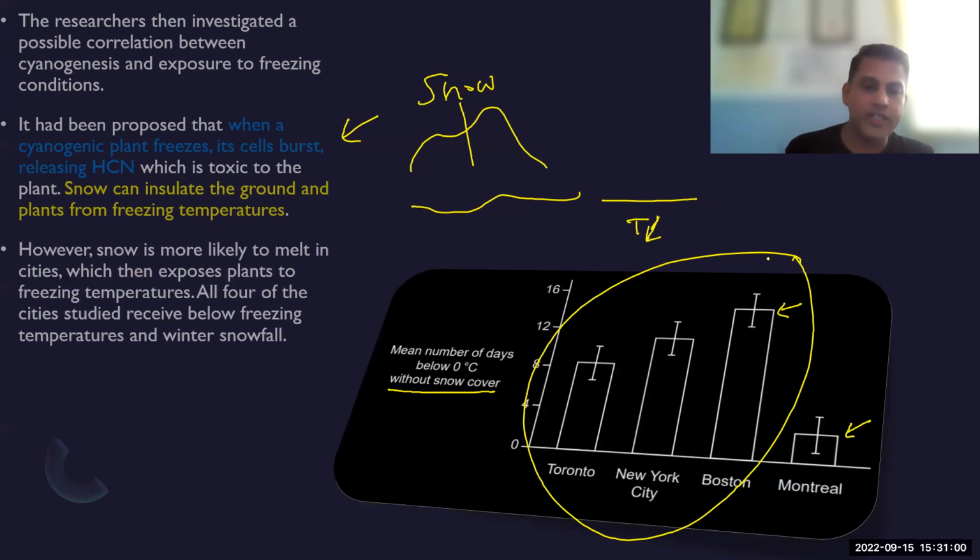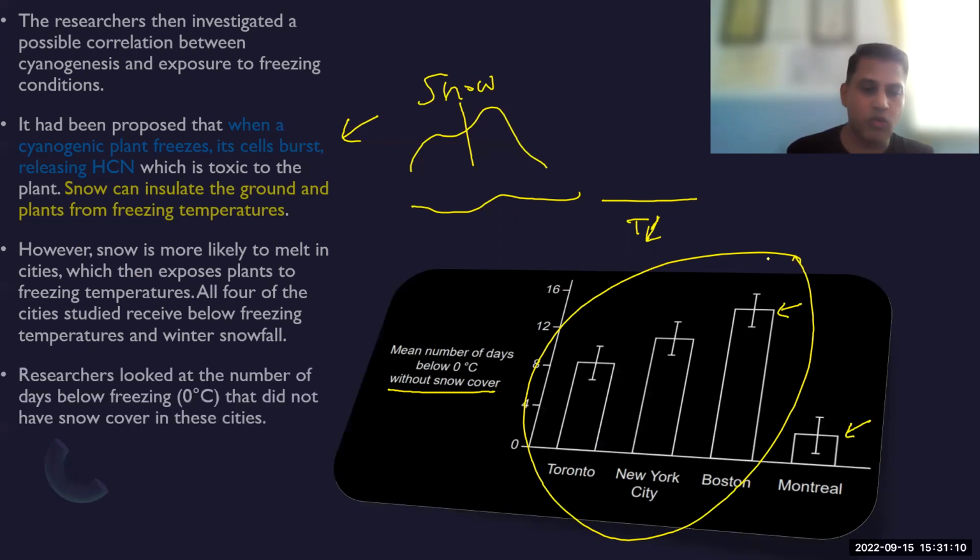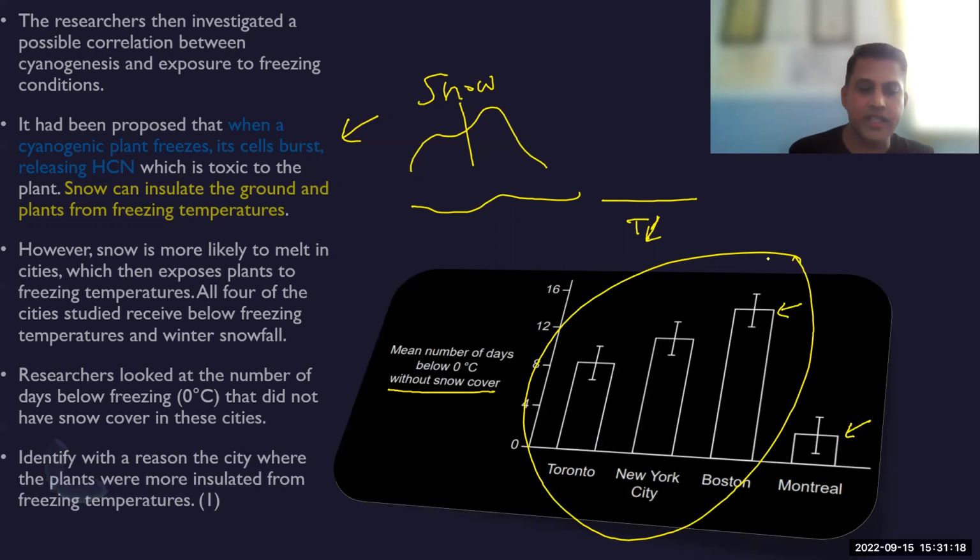However, snow is more likely to melt in cities, which then exposes plants to freezing temperatures. All four of the cities studied receive below freezing temperature and winter snowfall. Researchers look at the number of days below freezing that did not have a snow cover in these cities. Identify with reason the city where the plants were more insulated from freezing temperatures.